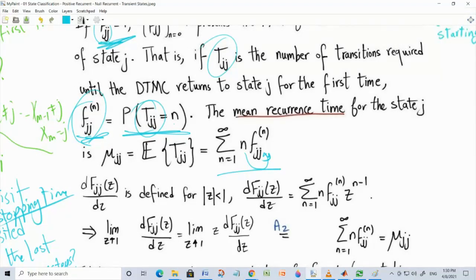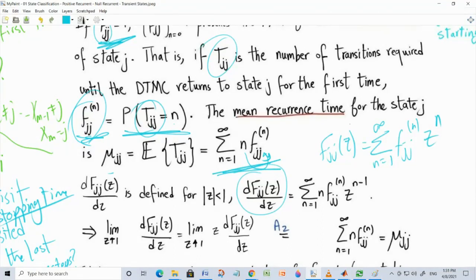So basically, the mean recurrence time can be obtained from the derivative of FJJ of z, which is this summation from 1 to infinity of FJJ of n z to the power n.